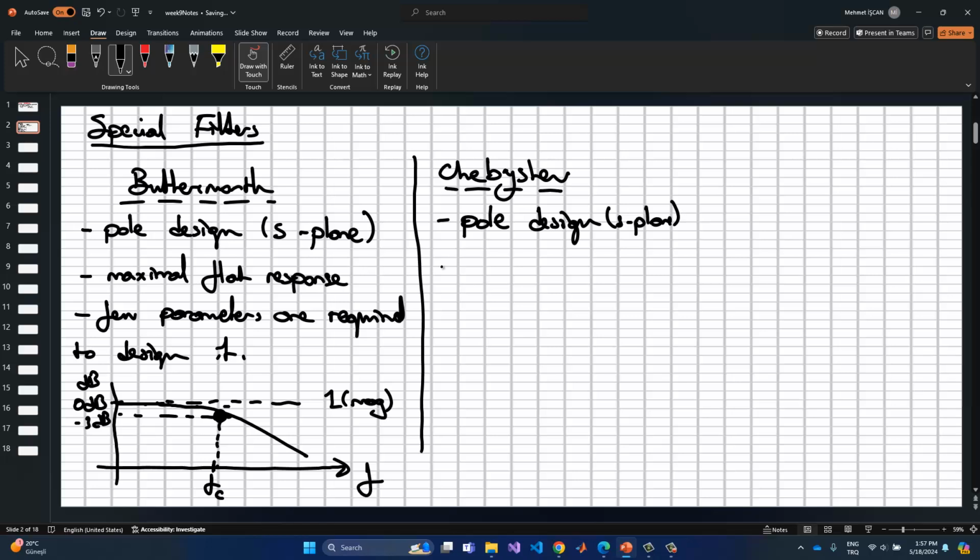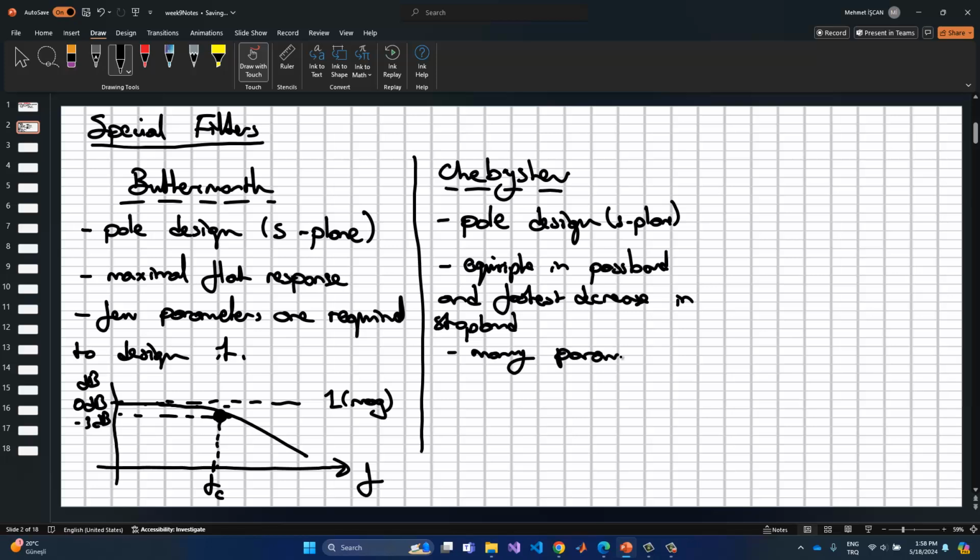And this creates not the maximal flat response, but equiripple in the passband regions and the fastest decrease in the stopband. But in order to design these, many parameters should be utilized, okay?